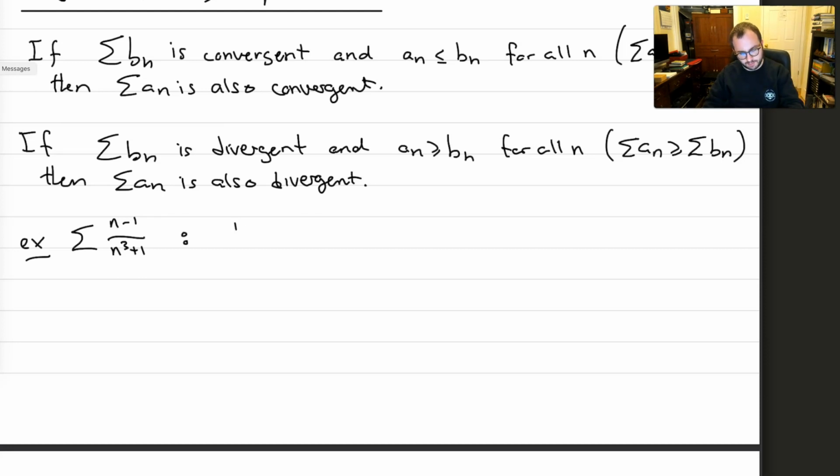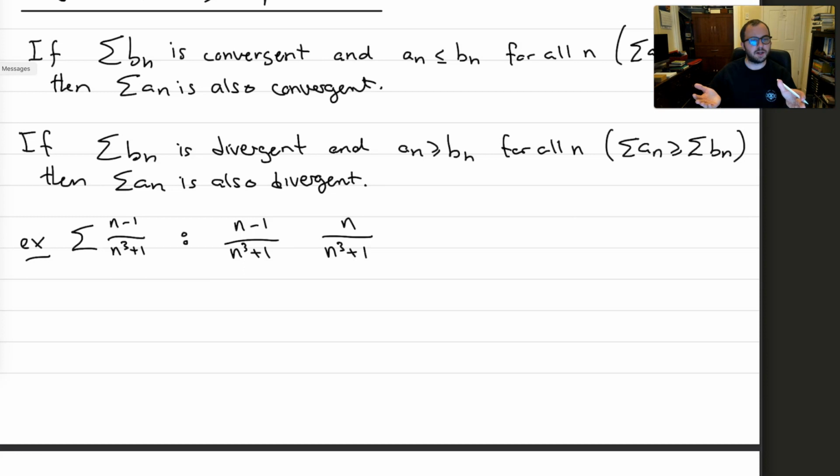You start with your fraction, and I notice that I'm first going to compare it to this. Which of these two is bigger? Well, we know that fractions that have bigger numerators are bigger. So n is bigger than n minus 1. So the right-hand fraction is bigger than the left-hand one.